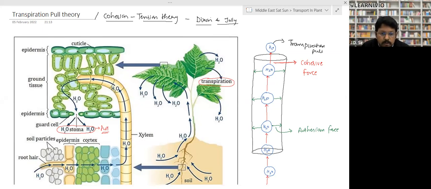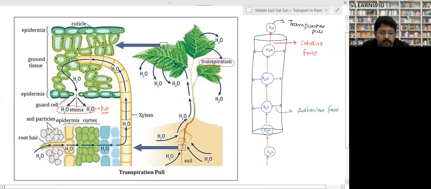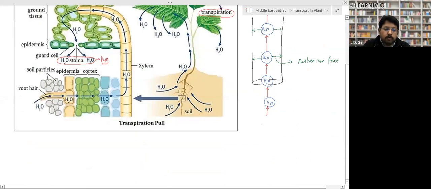Full stop. The main features of the theory are following. So there are three main features. Put the first heading, heading A: the main features of the theory are following.